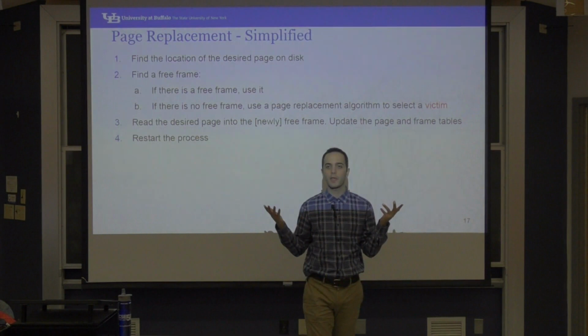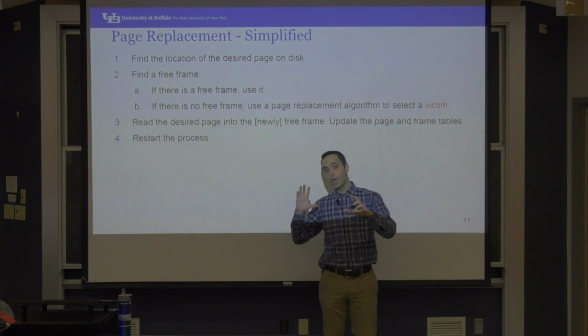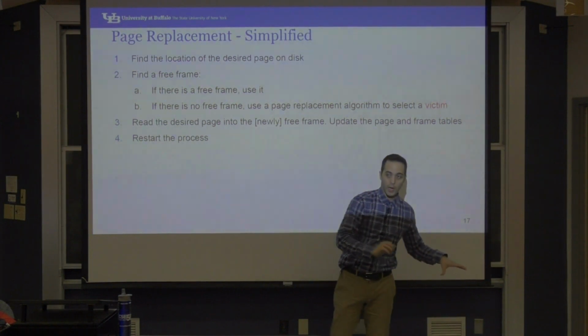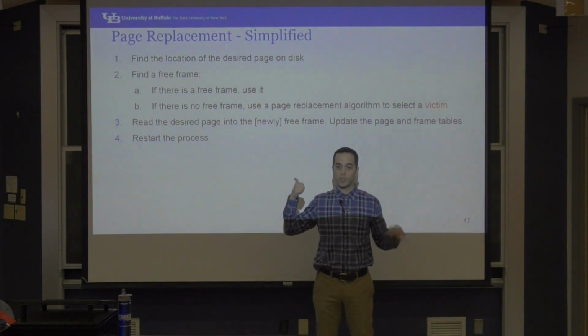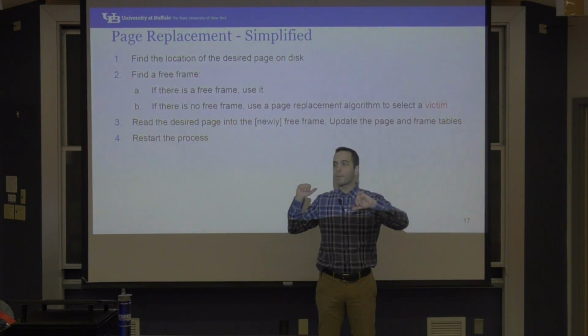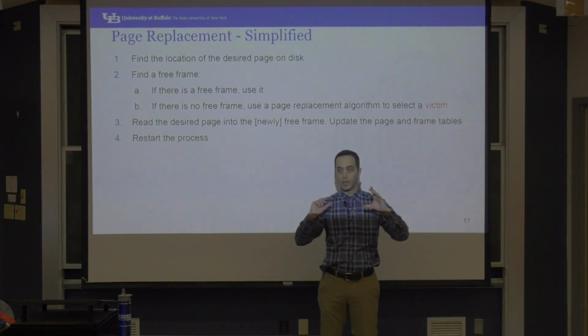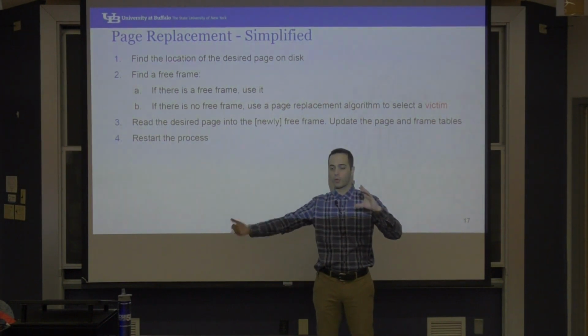I don't have free space here, so I pick one of the pages from process 2, I swap it out, and I update process 2's page table, because that page is not valid anymore. So when I bring a page for process number 1 here, I update the page table for process 1.